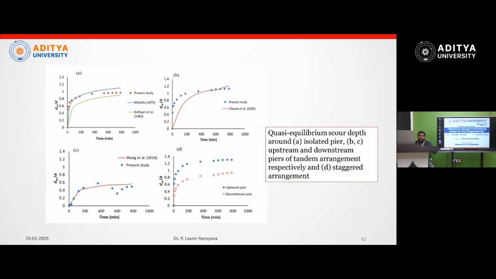It is observed that the single pier case reaches equilibrium after 3 hours, meaning after 3 hours there is no sediment motion around the hydraulic structure. In the tandem case, it takes almost 5 hours, but in the staggered case it took up to 6 to 7 hours. So these are the time frames for all three arrangements.